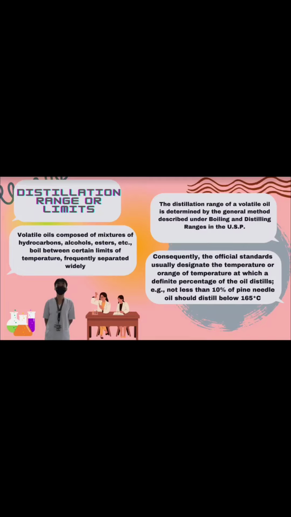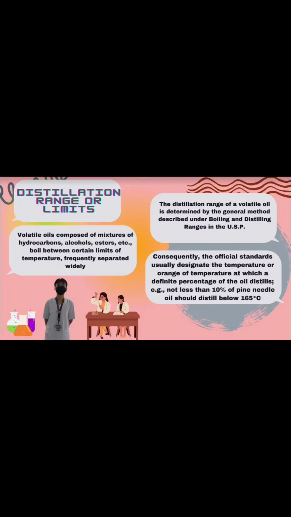Volatile oils are composed of mixtures of hydrocarbons, alcohols, esters, and so on. Boiling points between certain limits of temperature are frequently separated widely. Consequently, the official standards usually designate the temperature or range of temperature at which a definite percentage of the oil distills.